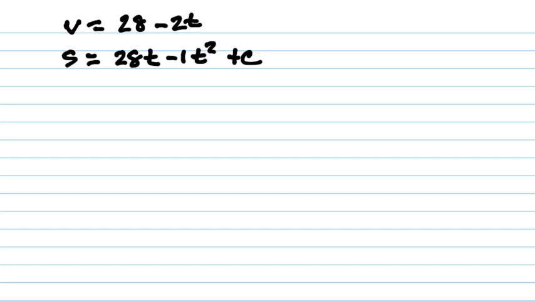And again, we usually have to have a t and an s to be able to do these. But it says a car is already traveling at a constant velocity of 28 meters per second, so it's traveling at that speed already.